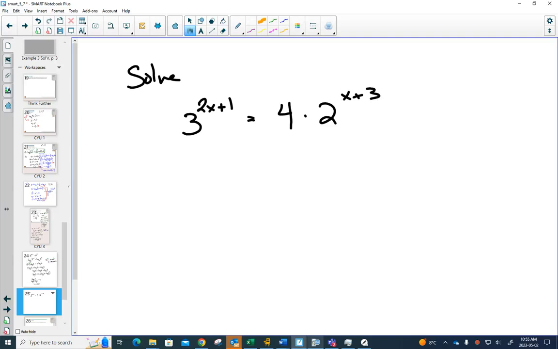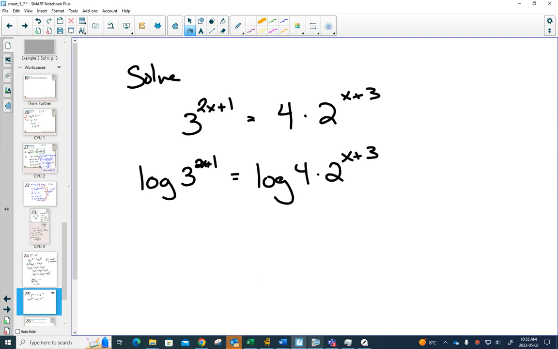If this is the situation, you can take the log of both sides. On the left-hand side, the exponent can come out in front, but on the right-hand side, it cannot. The reason it cannot is because that exponent is just to the 2.